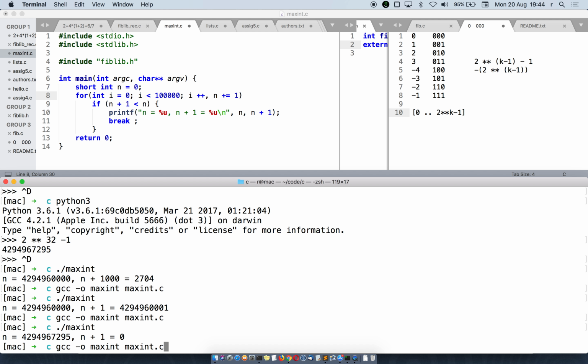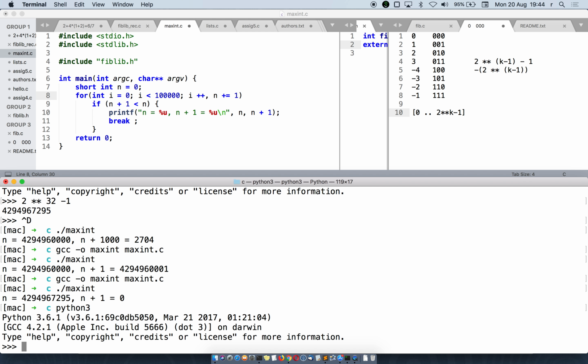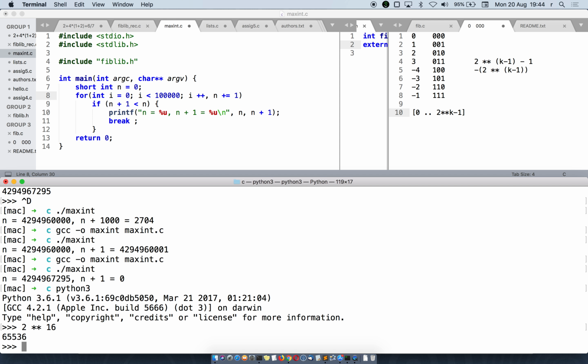If you're curious what kind of value we have with 16 bits, let's go here and try to find that out. Right? So 2 to the power of 16 is a very puny number. Okay, very small number.